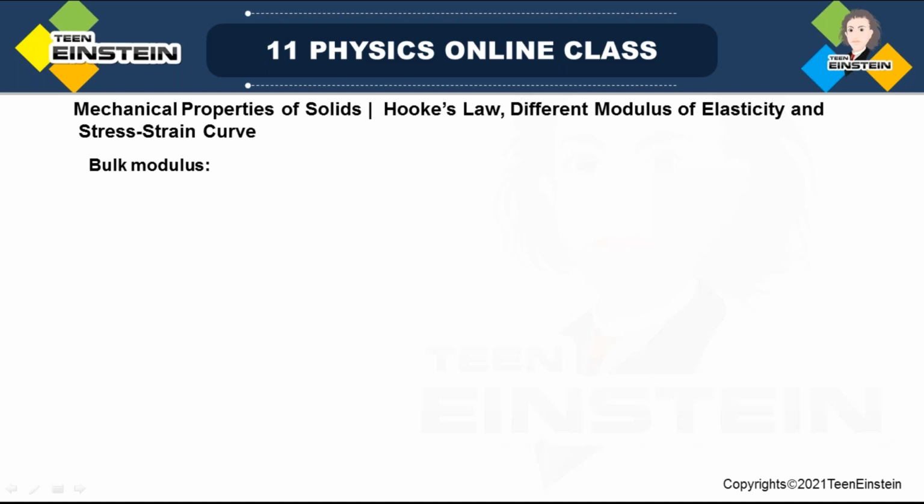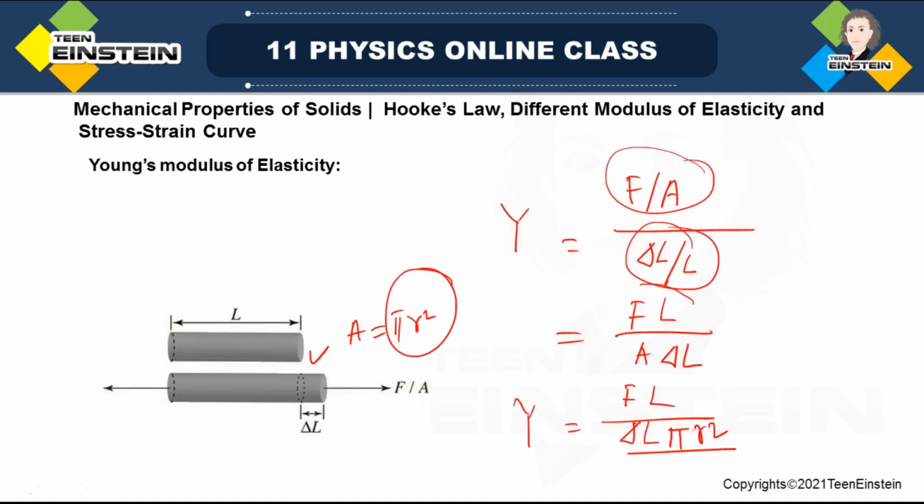Before I move on to the bulk modulus, let me give you certain values of Young's modulus. There are different materials, and depending on the materials, because they have different density, etc., different materials like aluminum, copper, iron, steel, glass, have different values of various moduli. In case of aluminum, Young's modulus will be 70 into 10 to the power 9, and the unit is Newton per meter square.